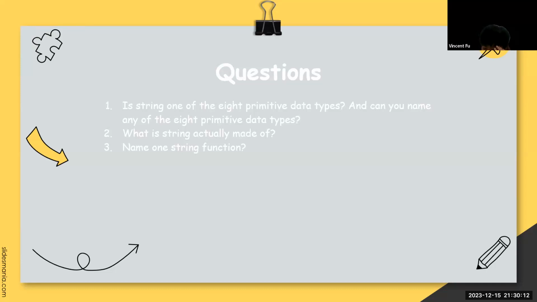I think I'm blanking. Maybe it was six one. Whatever. Next question. What is string actually made of?